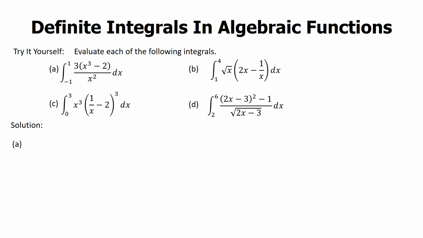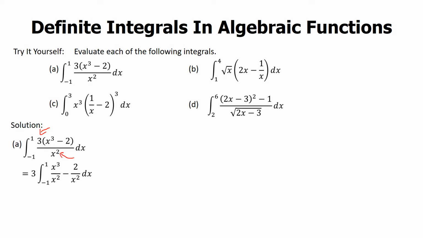So here is the solution. Integration from negative 1 to 1, 3 times x cubed minus 2 over x squared dx. Do you notice that we have a constant 3, and the denominator has only one term.